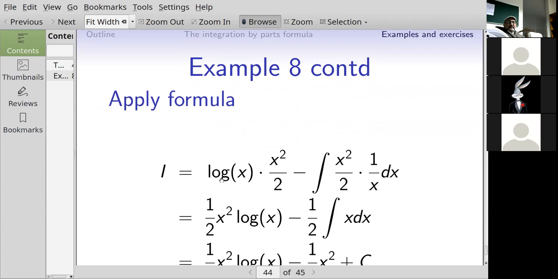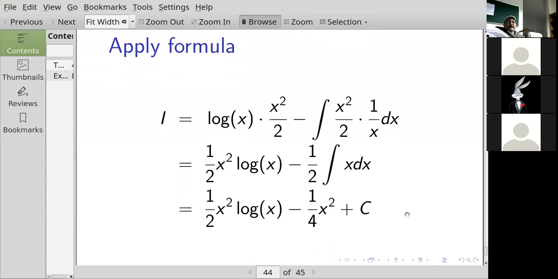So that's 1/2 x squared log of x minus 1/2, I'll pull the 1/2 outside of the integral sign, and x squared divided by x gives me x dx. Now the antiderivative of x is 1/2 x squared. So now I have 1/2 x squared log of x minus 1/4 x squared plus c. Okay. So, any questions about that one?